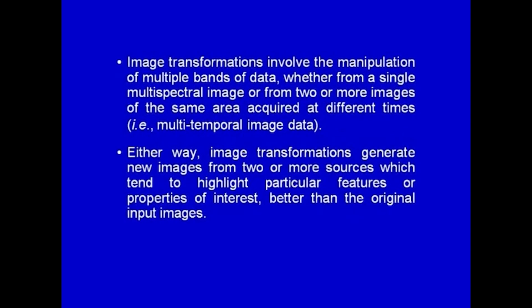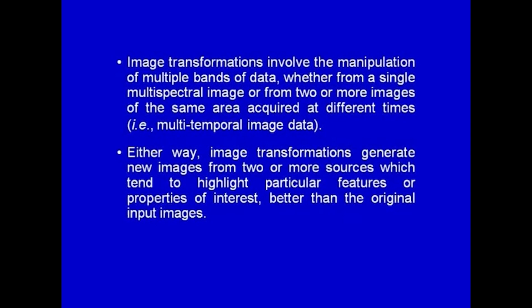Image transformations involve the manipulation of multiple bands of data, whether from a single multispectral image or from two or more images of the same area acquired at different times, that is, multi-temporal image data.